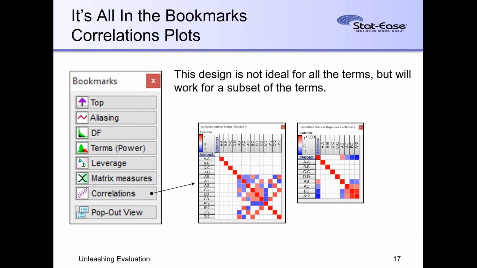Moving on to a more fractional design, this design is not ideal for all the terms, but it will work for a subset of the terms. Notice that the main effects are uncorrelated with any of these second order effects, but the second order effects are correlated with each other in some cases.